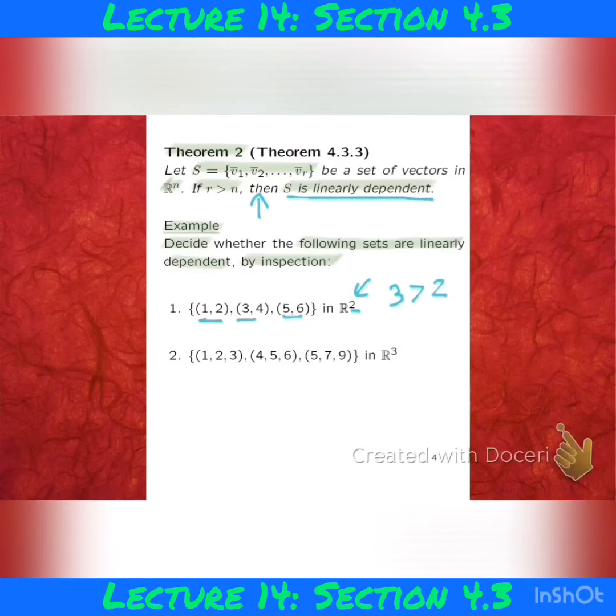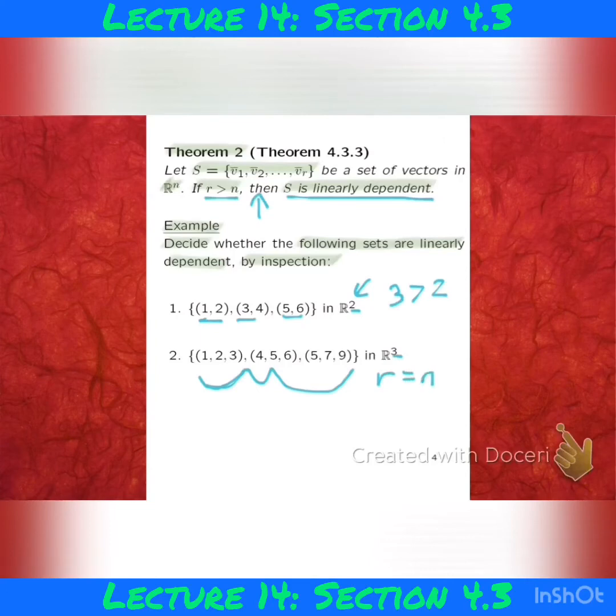The second one, here we are given R3, so n is 3, and the number of vectors in your set is 3. Again, we can't use this theorem because it specifically states that r needs to be bigger than n. In this case, r is equal to n.